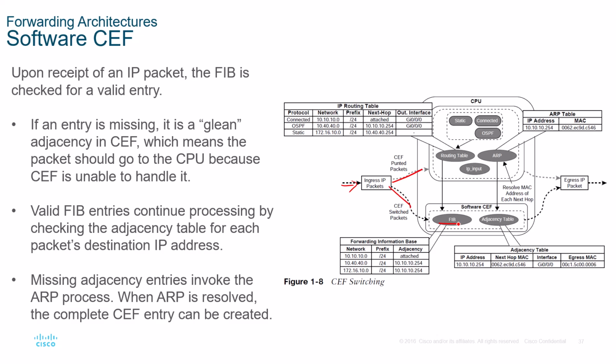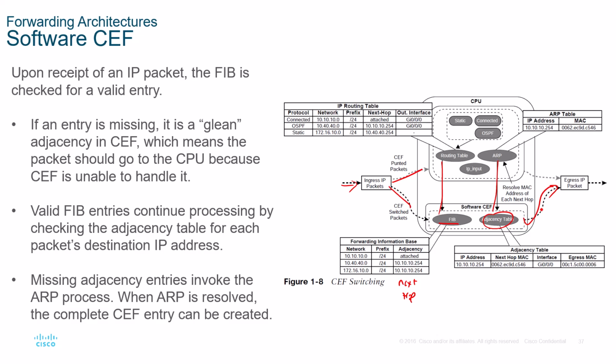FIB will be the forwarding information, the networks, the prefixes, the adjacencies. Again, that's next hop details. And the adjacency tables. That's going to get input from the route table, and the ARP. ARP is going to build the adjacency tables for it to make the decisions to kick it out. And that kick it out means exiting it the appropriate egress pathway.